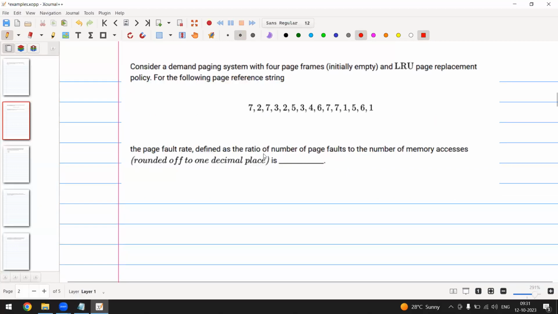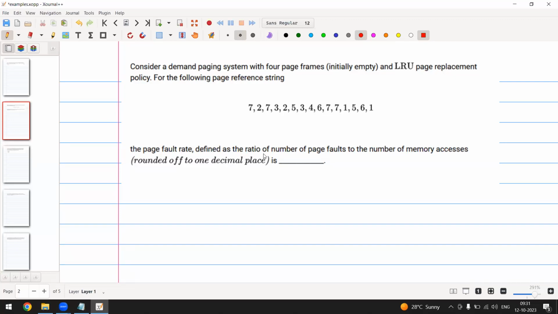So, as I told you in the last session, today we will first see some examples related to the memory management techniques which we have already discussed. These kinds of examples are important and frequently asked in many competitive exams as well.